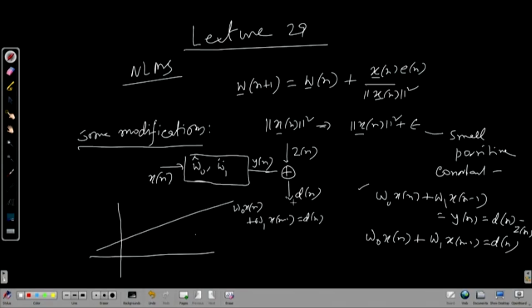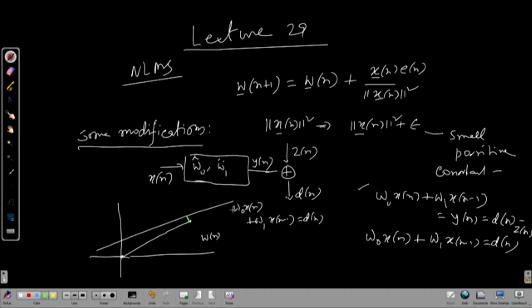The d(n) is what is observable, and this was my w(n). So, I was just projecting it on this, but this is not the correct straight line.